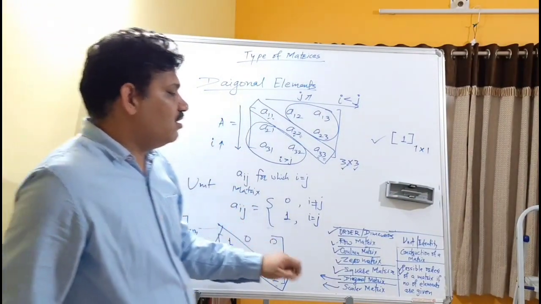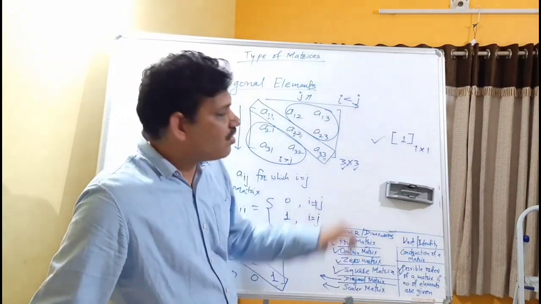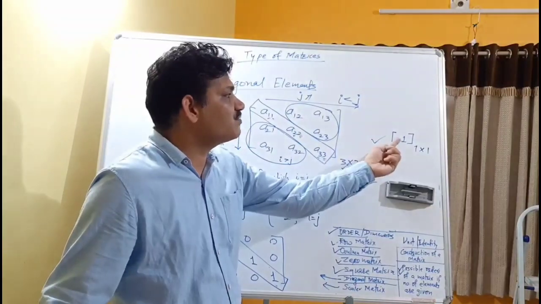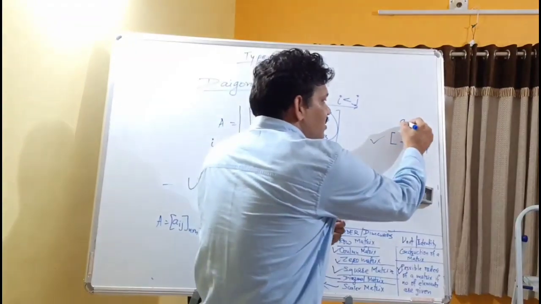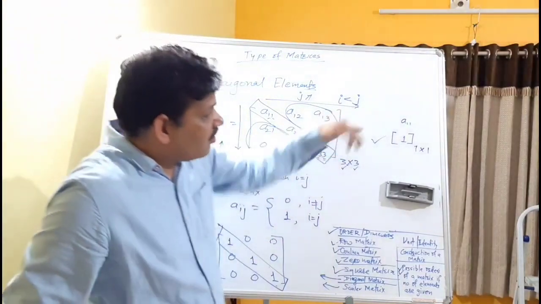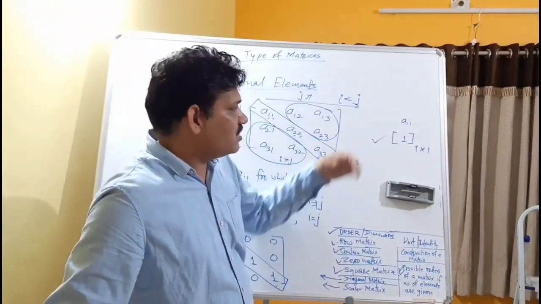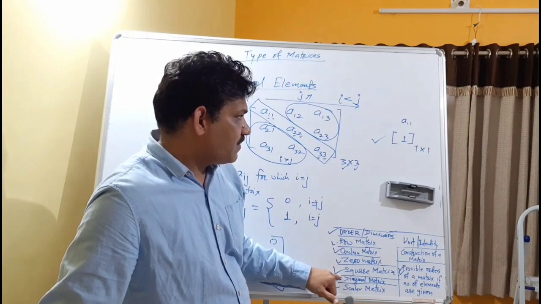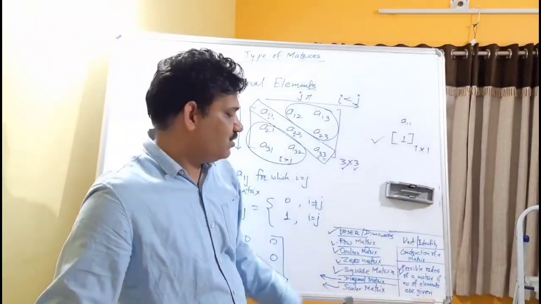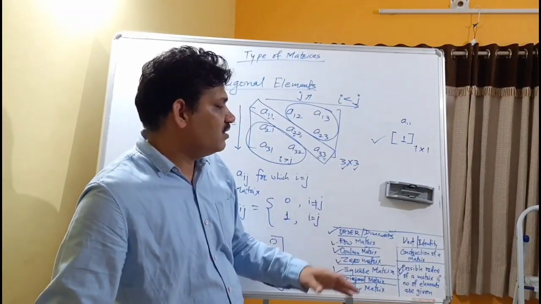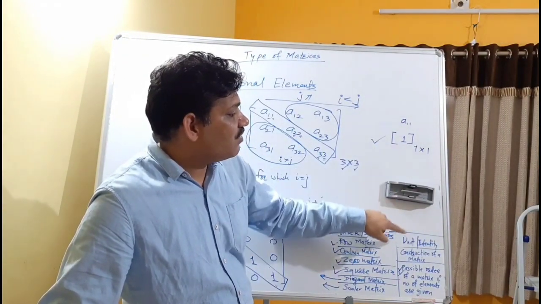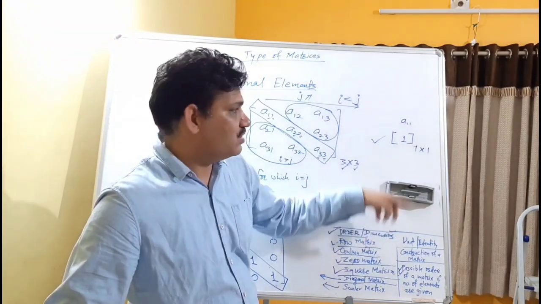It is a diagonal matrix because all the non-diagonal elements are 0. There is only one element, at position 1 1, which is a diagonal element. So it's a diagonal matrix. Moreover, all the diagonal elements are the same, so it's a scalar matrix. And moreover, all the diagonal elements are 1, that is unity, so it's a unit matrix.